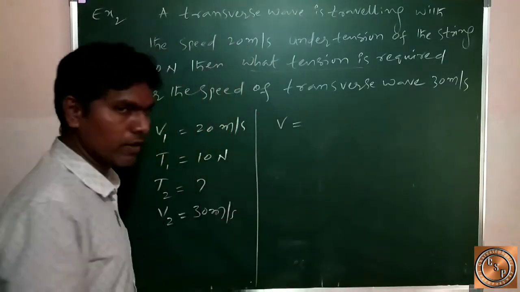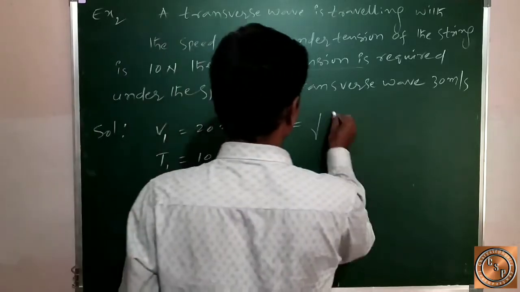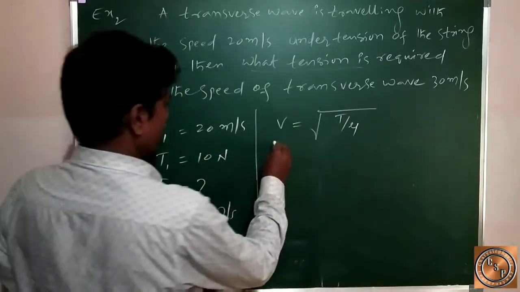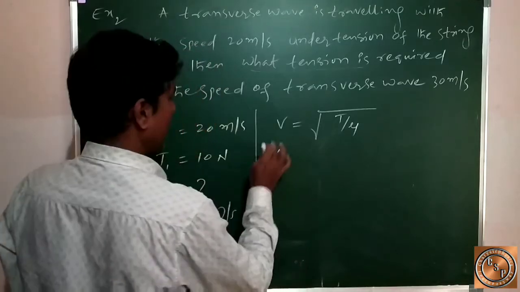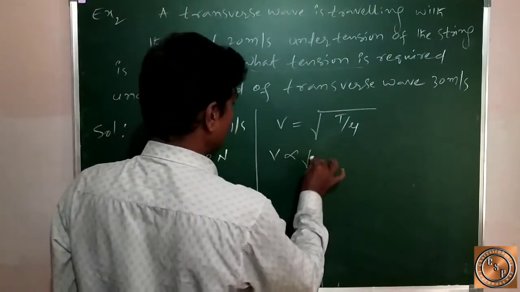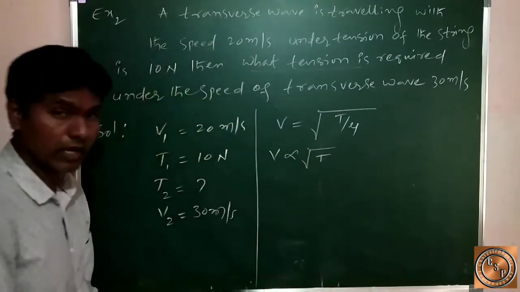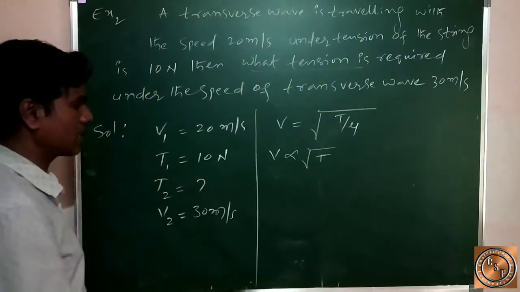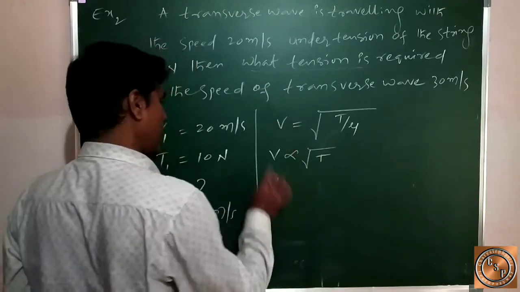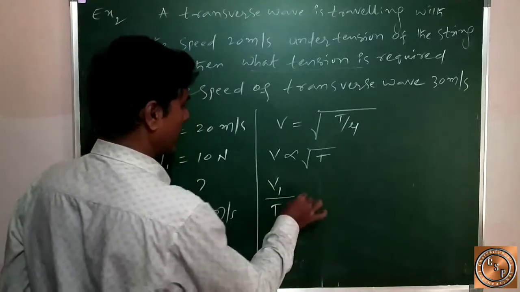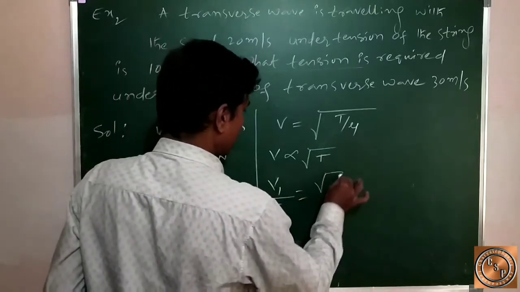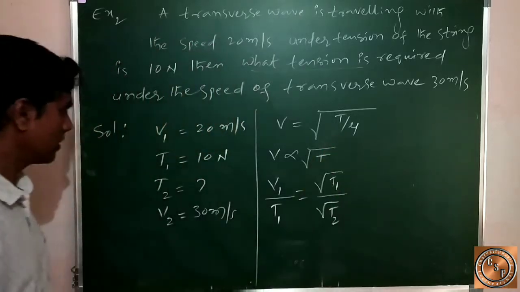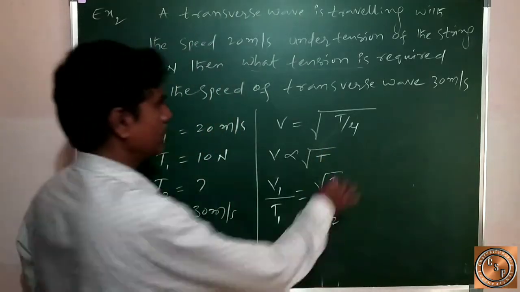From the speed formula, speed of the wave v is equal to under root T by mu. So here v is directly proportional to root T when 1 by root mu is constant. Here this relation can be written as v1 by v2 equal to root T1 divided by root T2. Then we have to find out T2, no?